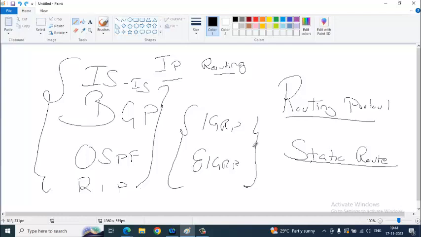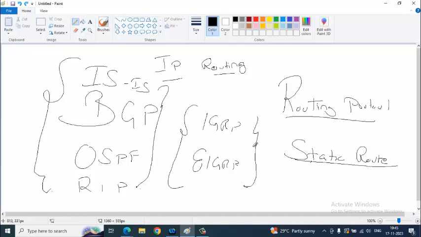Static route or routing protocol, which one? It depends on how big the network is. In a small network, instead of running a routing protocol which will consume CPU, we can write a static route.